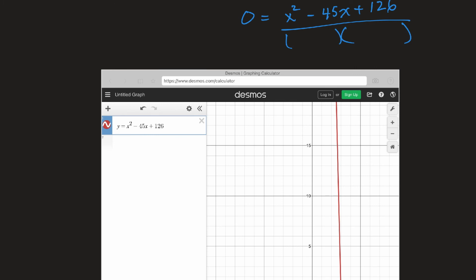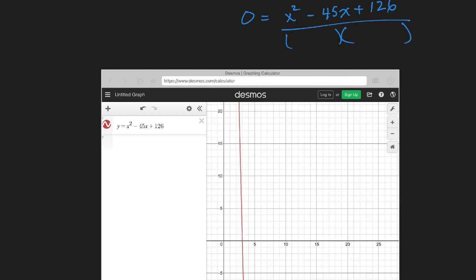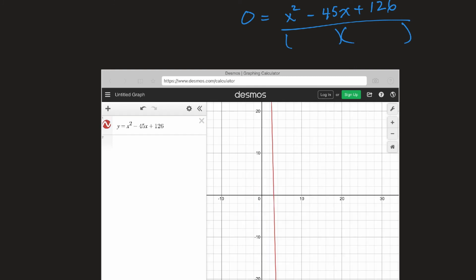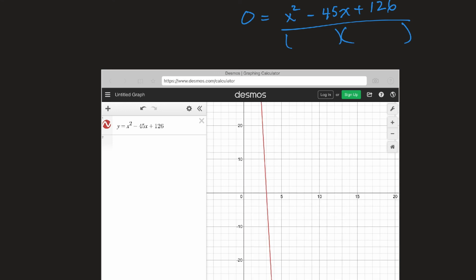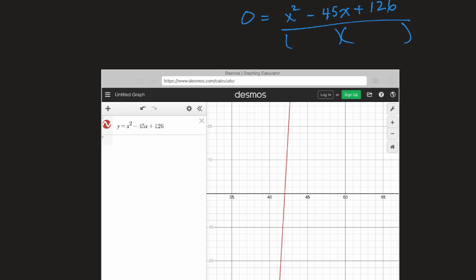Oh, that's not a cross, it's down here. 3 and 0. 42 and 0.